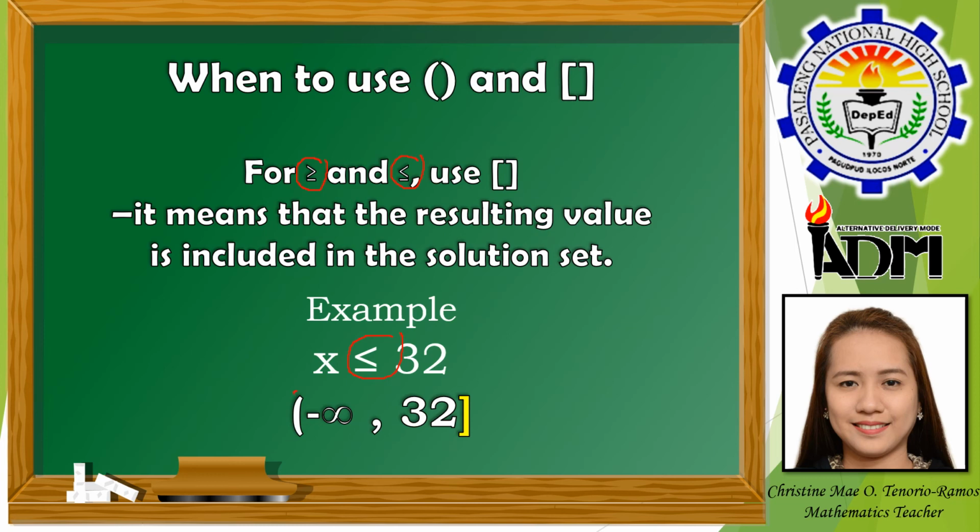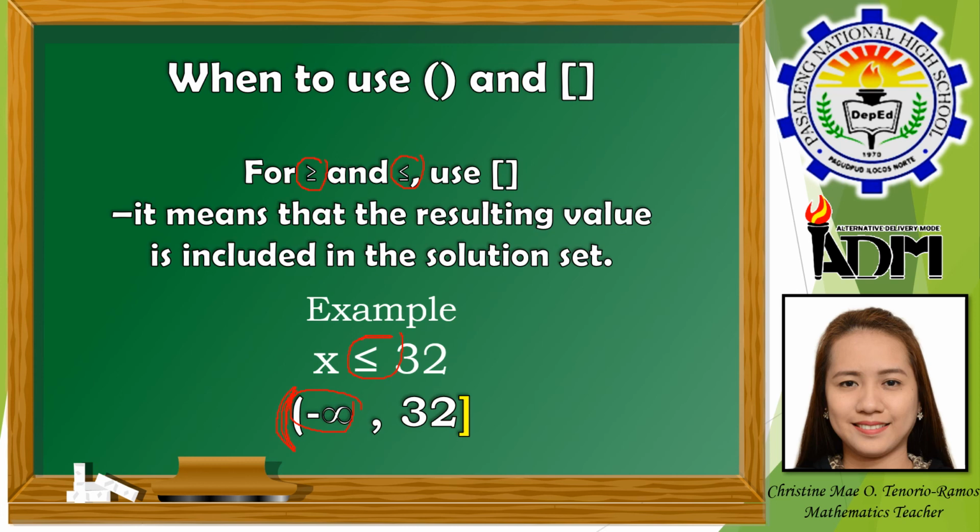Dito sa kabila, parenthesis ang ginamit. Kapag sa infinity symbol, always na parenthesis ang gamitin. Pero kapag yung sa value, nakadepende yan kung ang ginamit mo is greater than lang or greater than or equal.